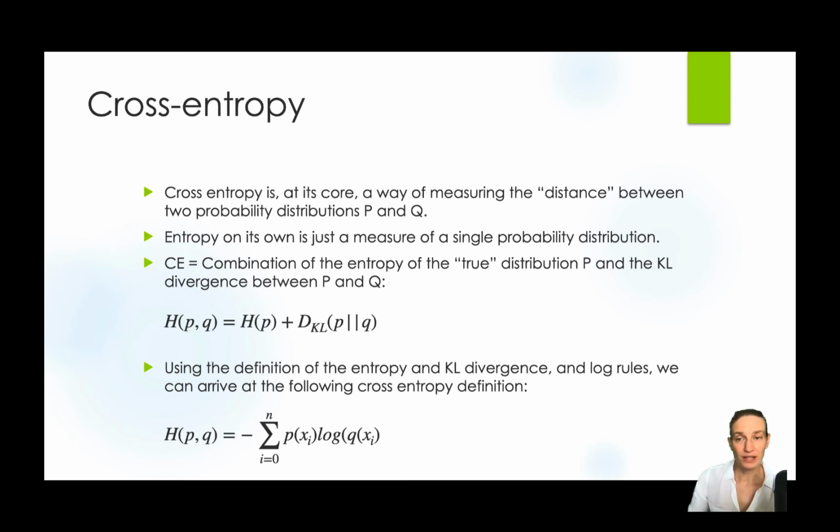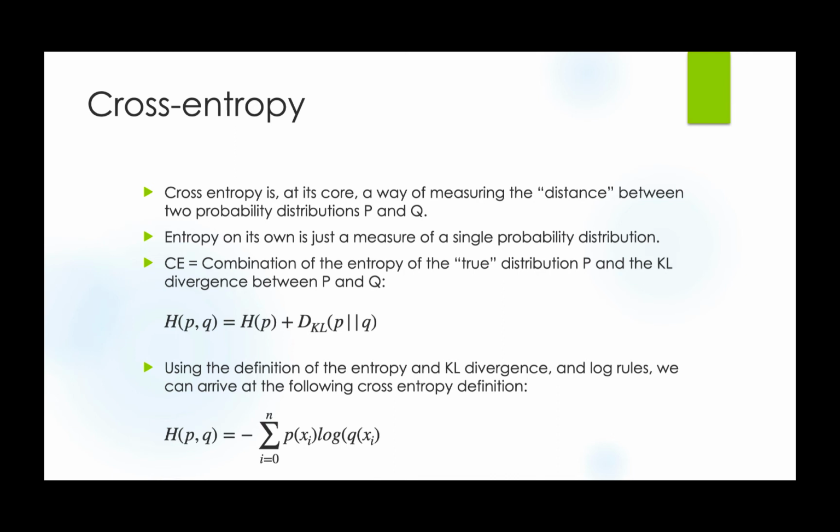Now, a related concept, cross-entropy. This is at its core a way of measuring the distance between two probabilities P and Q. So it offers us a second way of measuring this. Entropy on its own is really just a measure of a single probability distribution and how much surprise is in the distribution.